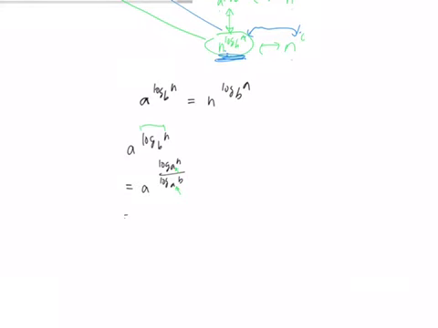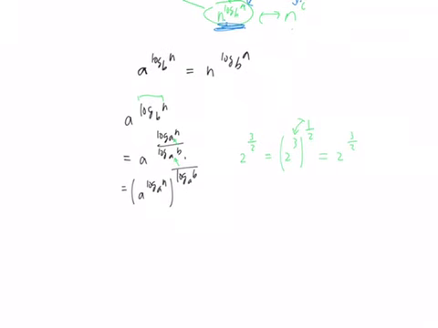Then that's just equal to a to the log a of n to the log a of b. And the reason I did that is, imagine if it was 2 to the power of 3 over 2. Well, that's just equal to 2 to the power of 3 to the power of a half, because you then multiply the top together to get 3 over 2. So that's what I've done on the next step.